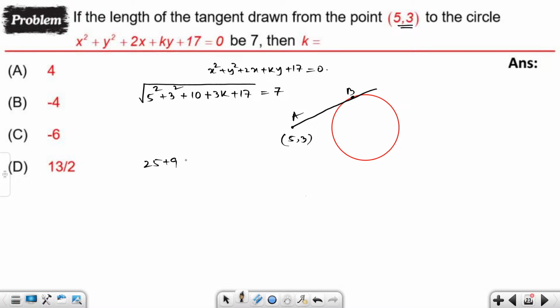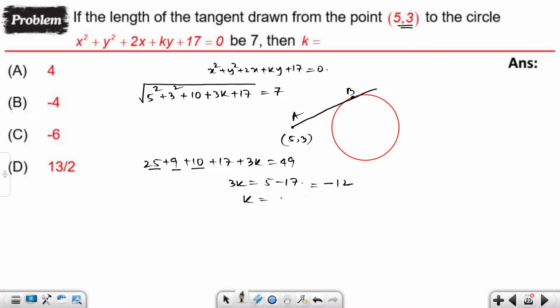25 plus 9 plus 10 plus 17 plus 3k is 49. Okay. So how much you are getting? This is your 35, 44, 44 goes that side. So 3k is 5 minus 17, right? So it's coming like minus 12.